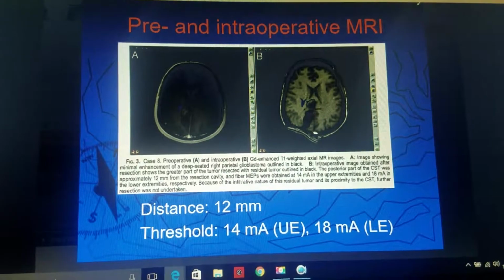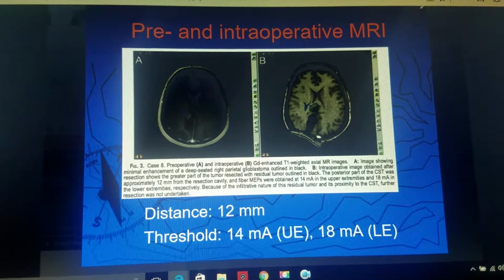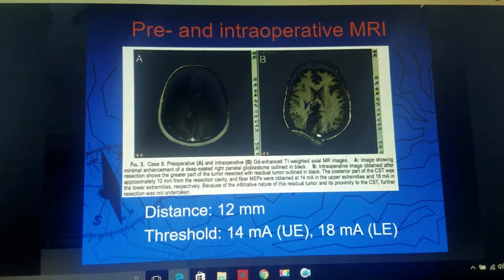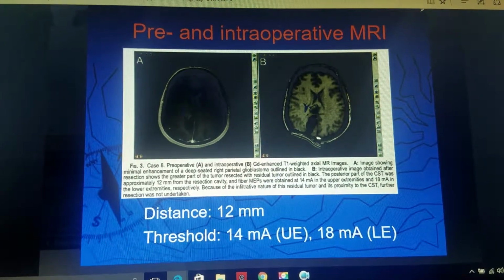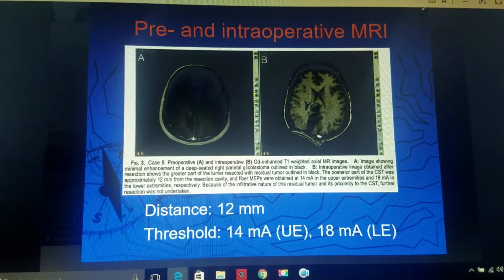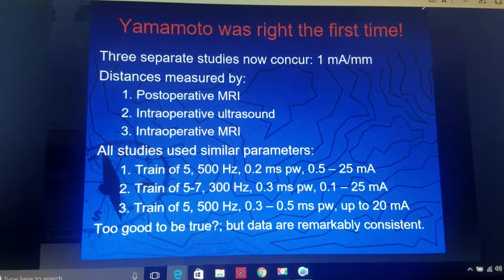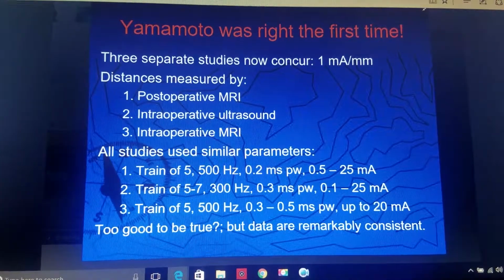And here are some examples: 12 millimeters away and a threshold of 14 milliamps for the upper extremity, 18 for the lower, so they were probably closer to the upper extremity part of the internal capsule than the lower extremity part. But again, pretty close to 1 milliamp per millimeter, so Yamamoto was right the first time.